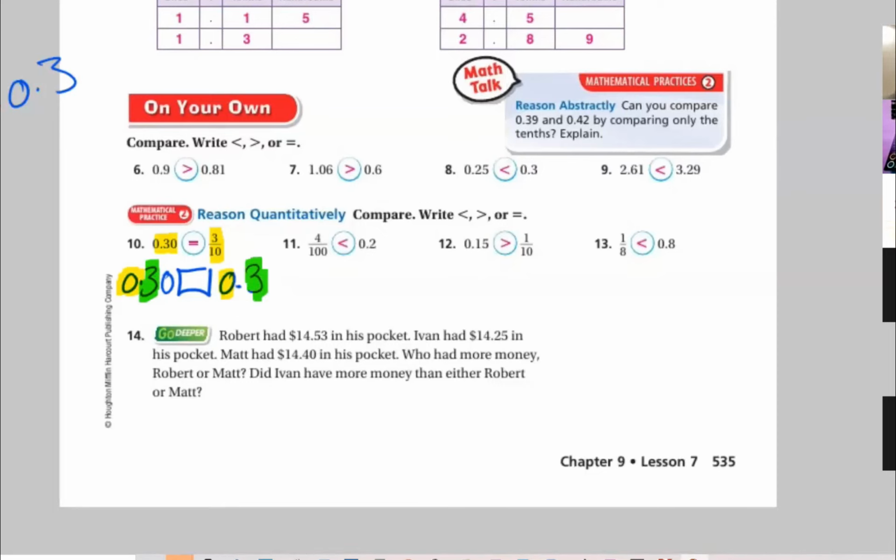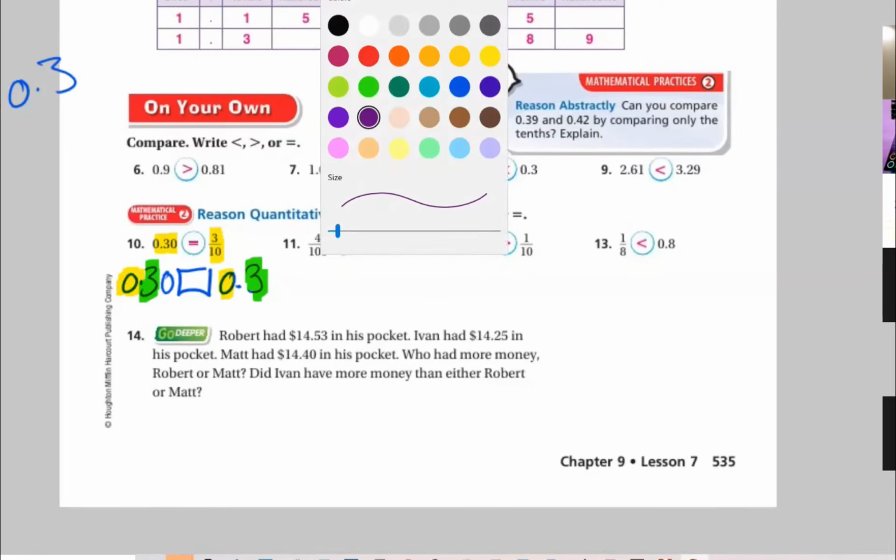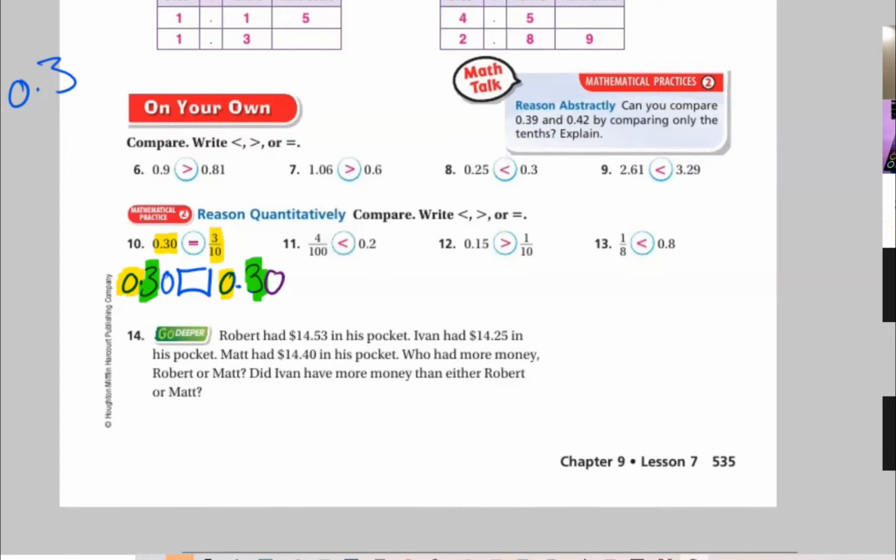But we don't have anything after 3 here. So we can put 0, by the way. You can put any number of 0s beside the 3. To make them equal, put 0. So we have the same number, 0.30 and 0.30, so they are equal. Got it? Yes. Okay, thank you so much, my Lord.